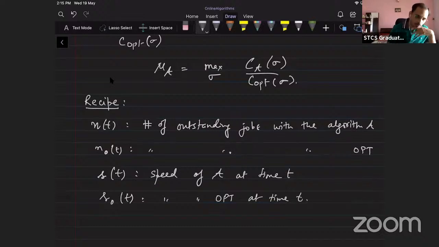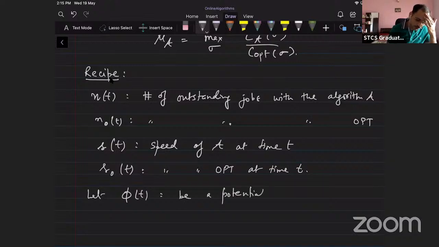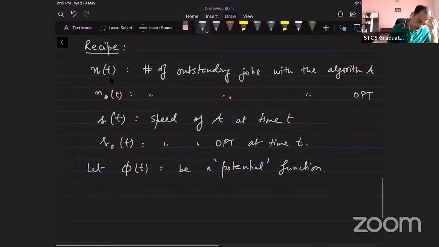Okay, so now what we are going to do is magically do something like this. Let phi of t be a potential function, some function of the jobs. We have seen lots of potential functions before. Let phi be such that it satisfies two properties.